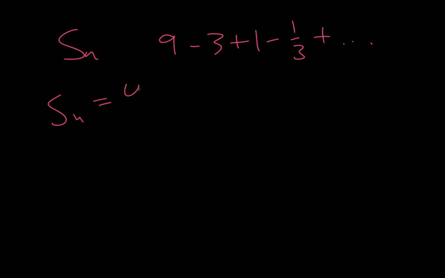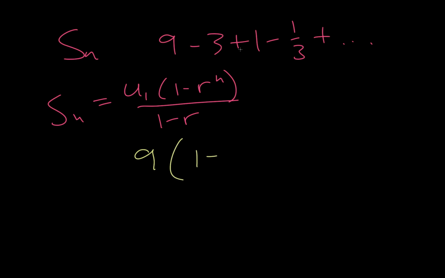Okay, now we're moving on to example 29. Find a formula for Sn, the sum of the first n terms of the series 9 minus 3 plus 1 minus 1/3 plus ... So I'm going to write our S sub n formula down, or one of them. You could use either one. We're going to plug in some values. u1 is our first term, so that's 9.